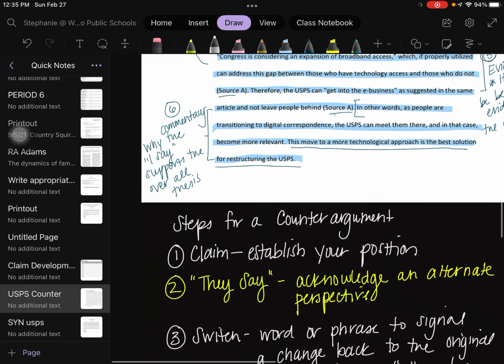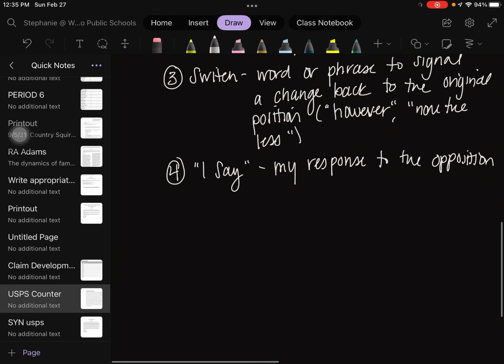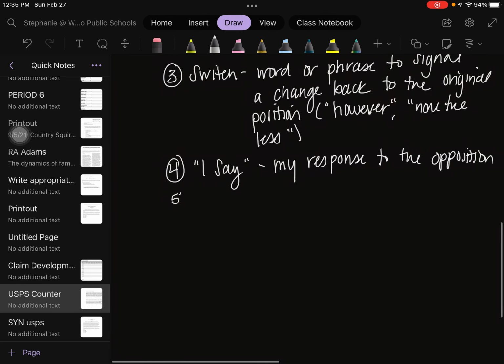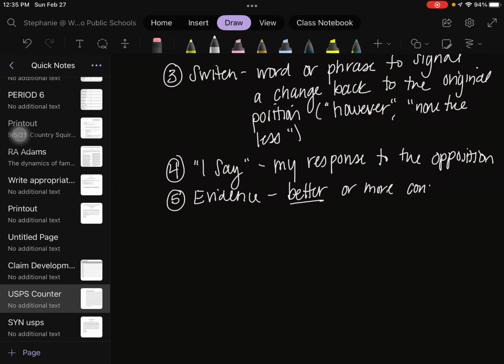In other words, I have a solution and I'm going to present it to you. After I establish that refutation, then I'm going to give you some evidence. And again, I'm going to put my note here, better or more convincing evidence than the they say.